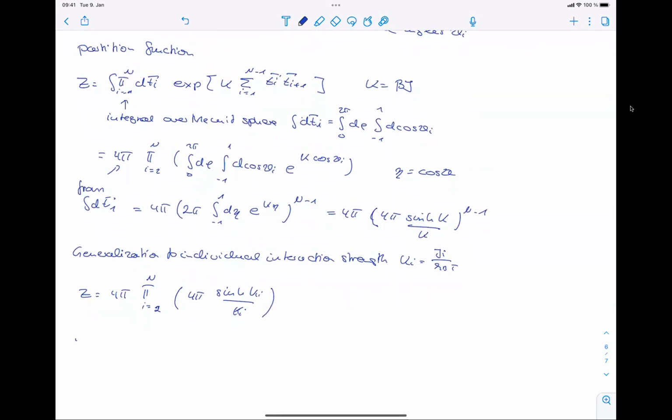And that's useful for the tangent correlation function.